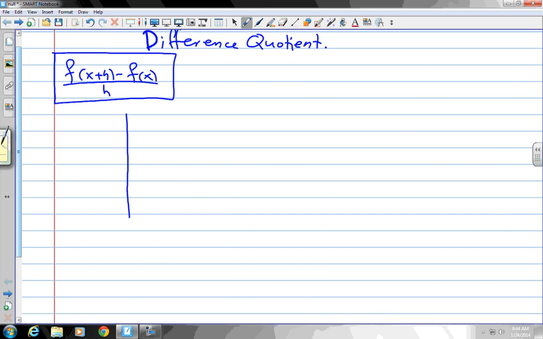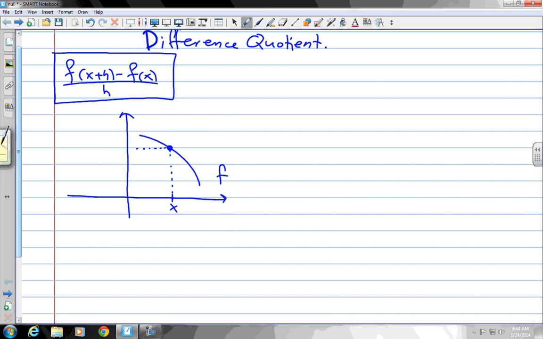So let's say you have some kind of a function, whatever, here's some function f, okay? And let's say you have a point on this function. We'll say this is some x value.